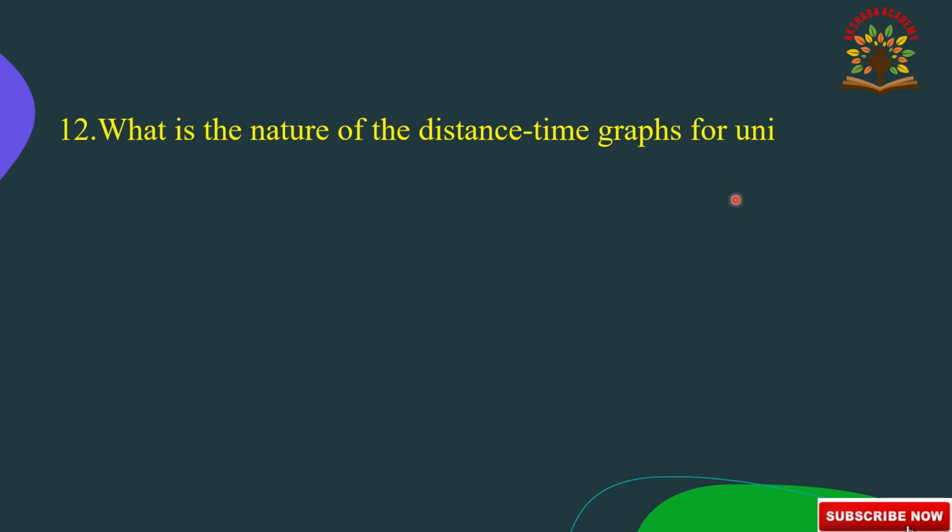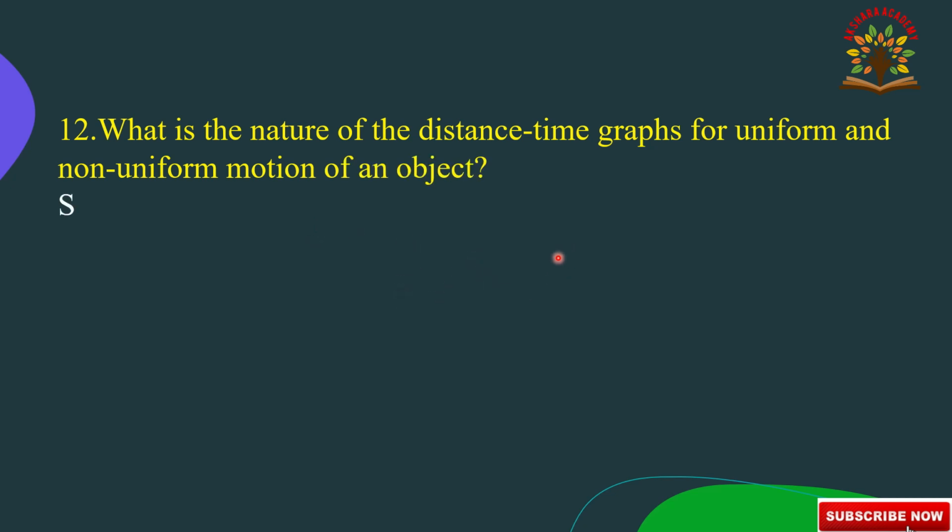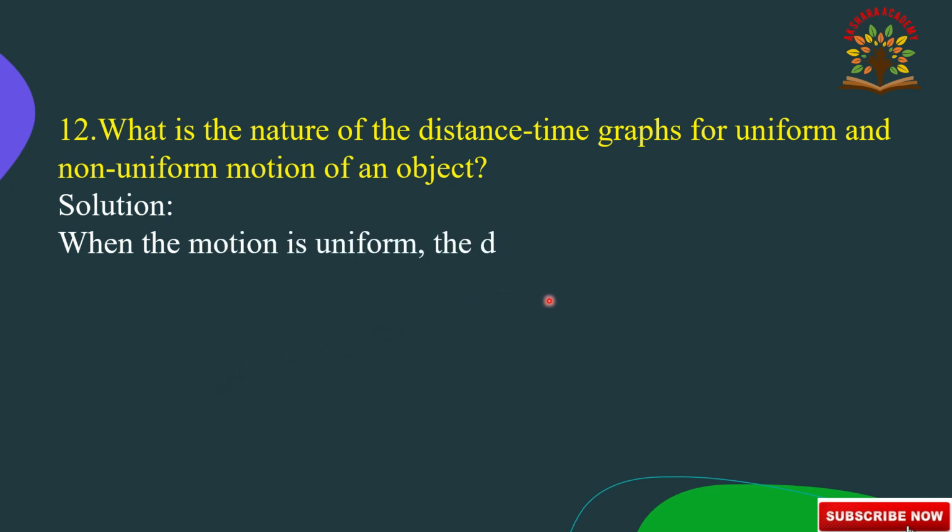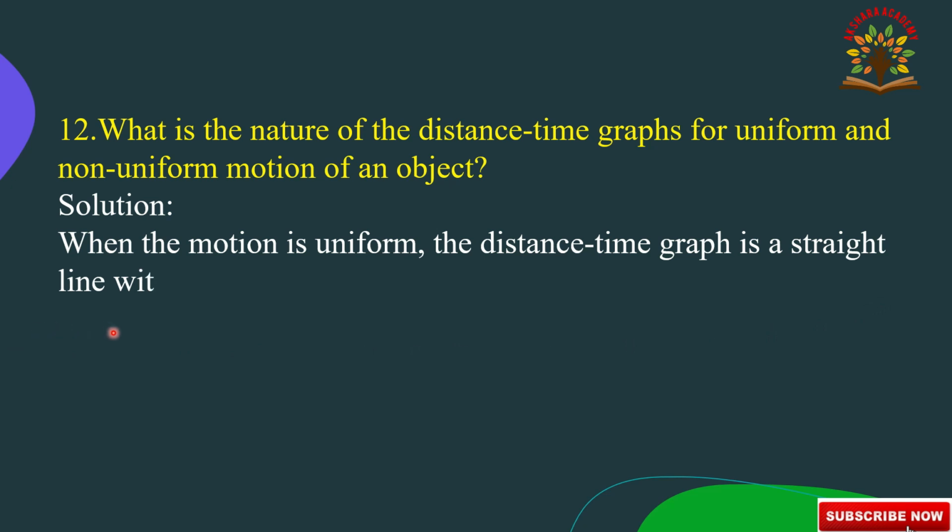Question number 12. What is the nature of the distance time graph for uniform and non-uniform motion of an object? Let us go to the solution. When the motion is uniform, the distance time graph is a straight line with some slope.